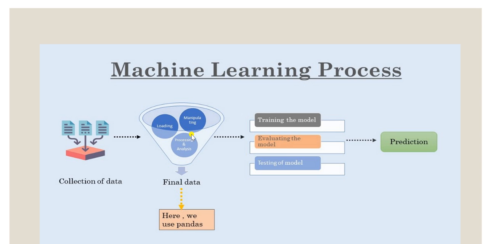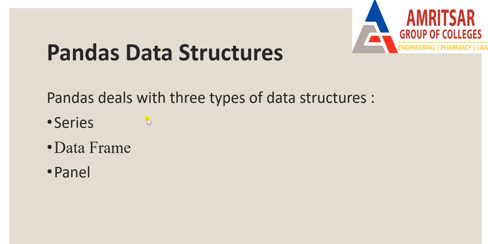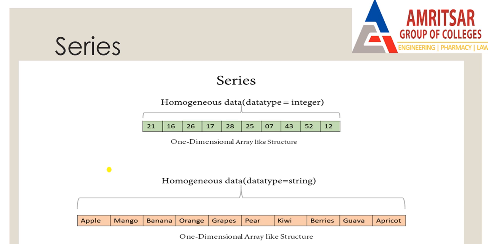Let's move to the pandas data structures. Pandas data structures are basically of three types. One is series, second is data frame and third is panel. Data structure means where we store the data in pandas. First, series. Series are a homogeneous collection of data, meaning it always stores the same type of data.